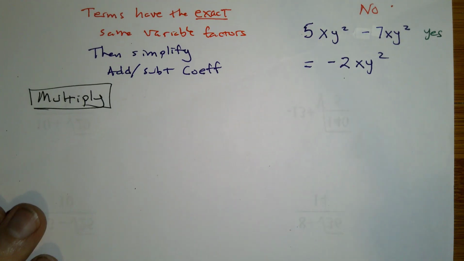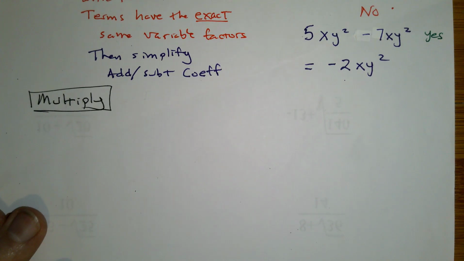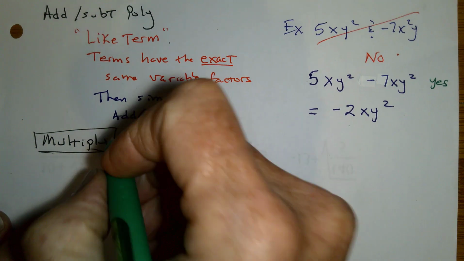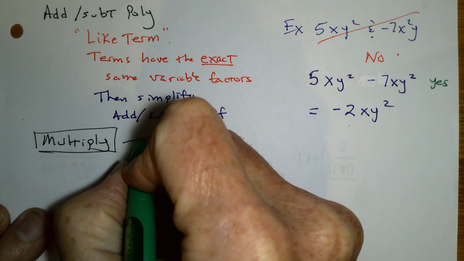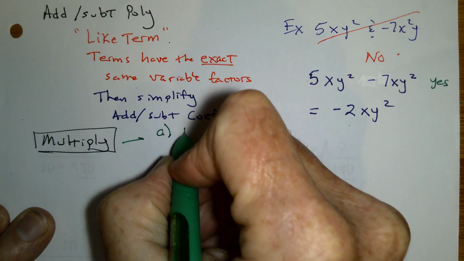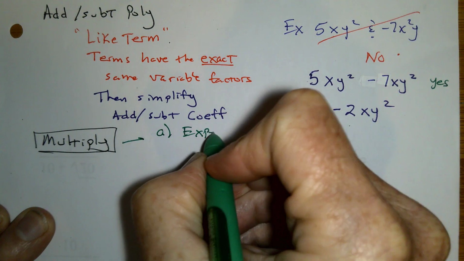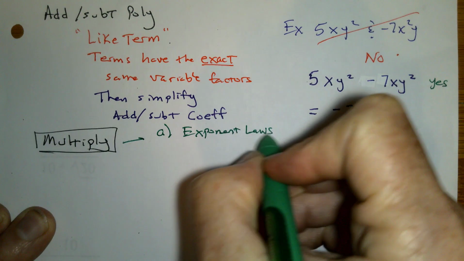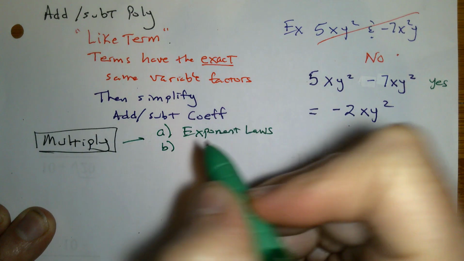So essentially, multiplication is going to involve a couple of things. You're going to need A, your exponent laws. And B, you're going to need the distributive property.